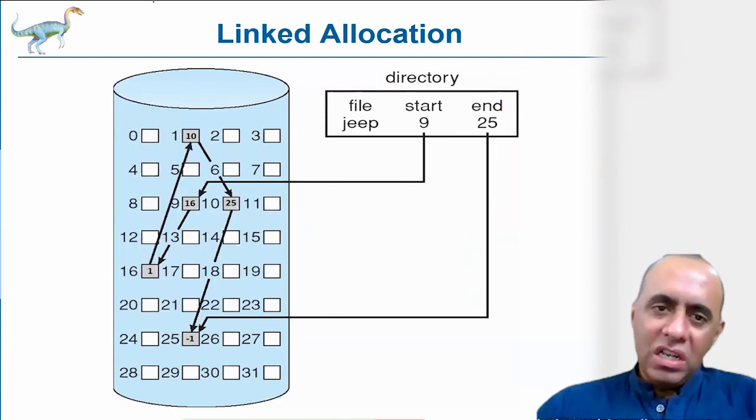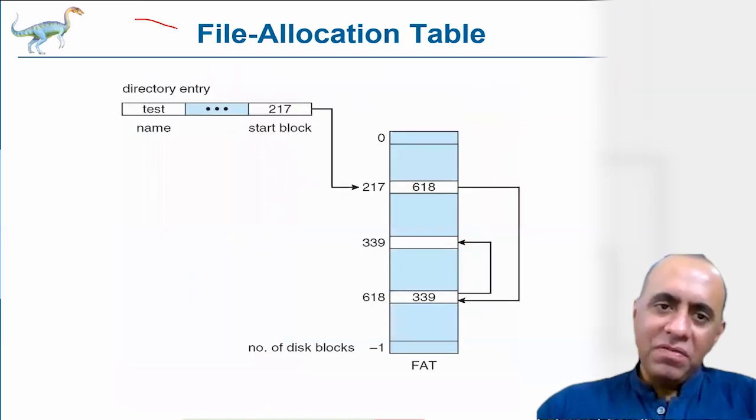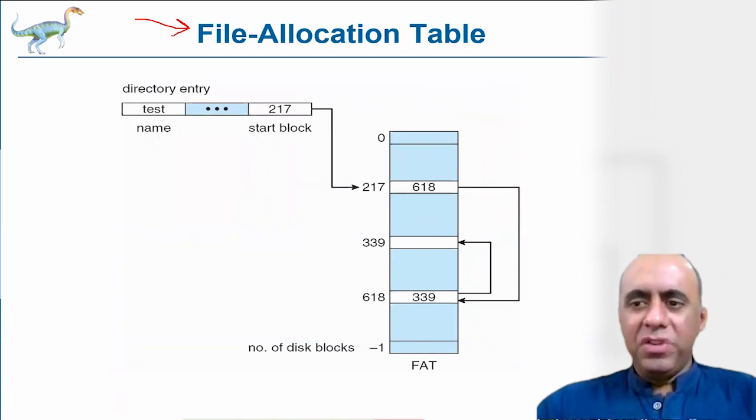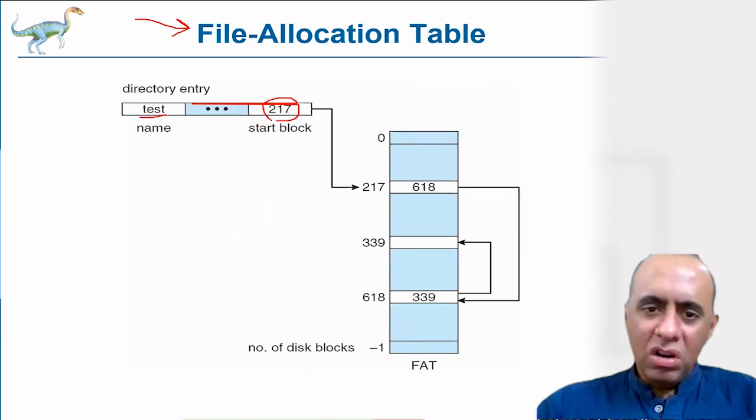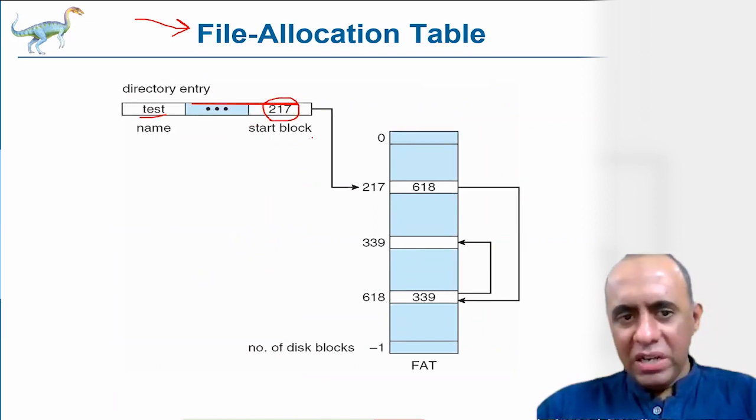So this was called the linked allocation scheme. By the way, the FAT file system also used a linked technique for allocation of logical blocks to the files. Here you can see the name of the file, and then only the starting block number. It doesn't even store the ending block number.